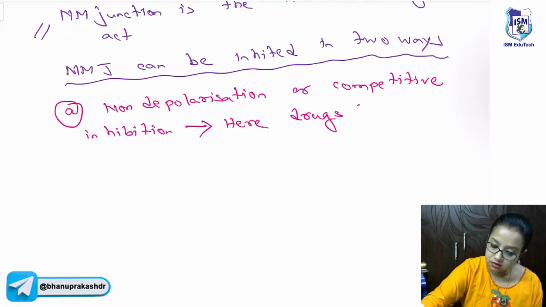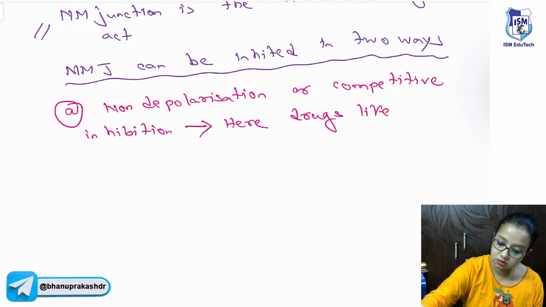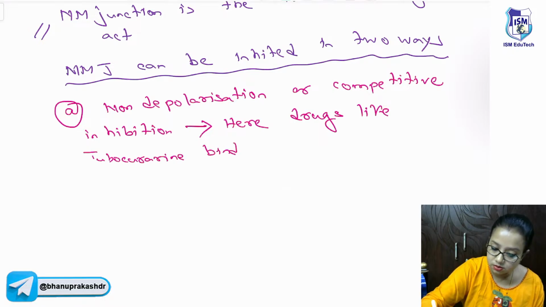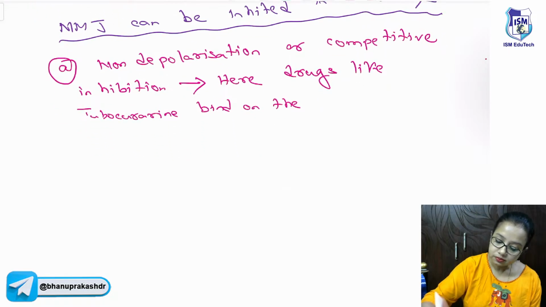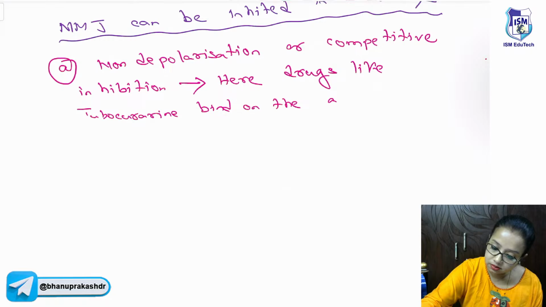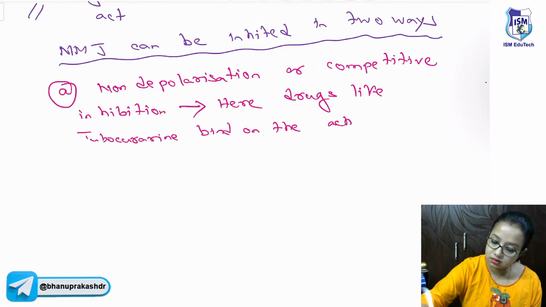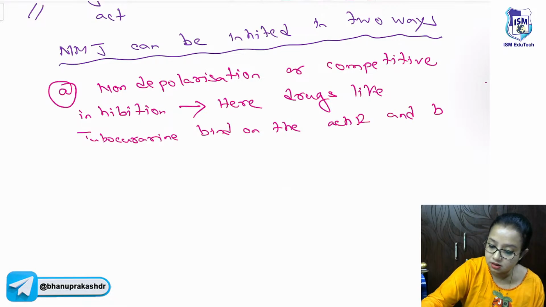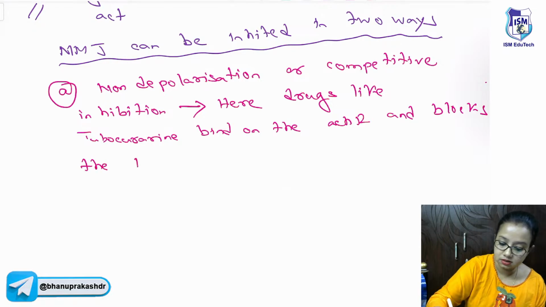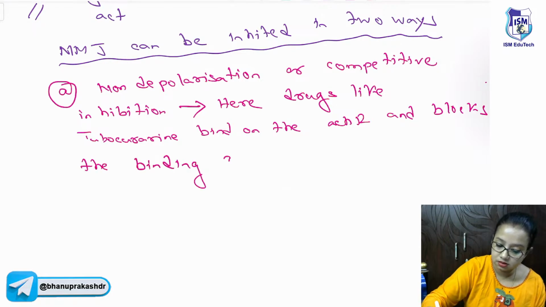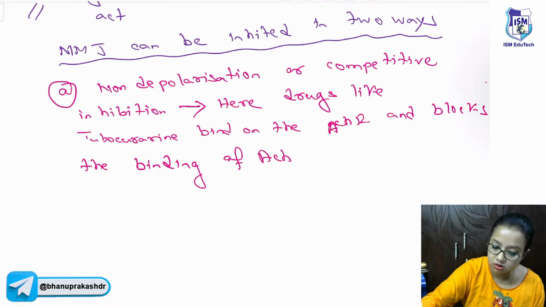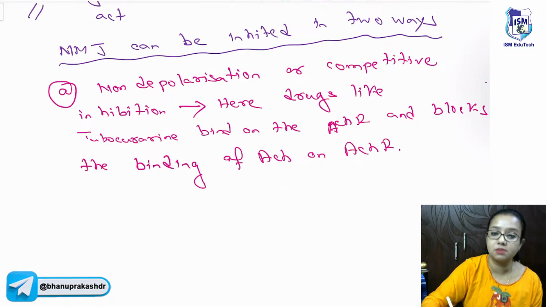Now here drugs like tubocurarine bind on the acetylcholine receptor and block the binding of acetylcholine on the acetylcholine receptor.